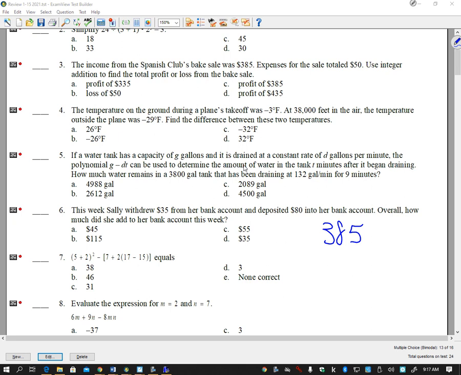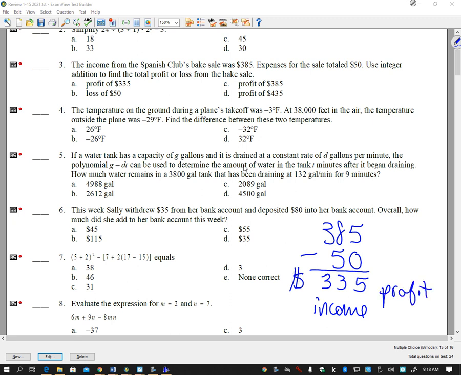Expenses is something that we subtract from income, right? So what are we subtracting from 385? We're saying 385 minus 50, bring down the 5, bring down the 3. We should get what? $335 of what? Income. We have, okay, $335 profit, right, would be the better term there.